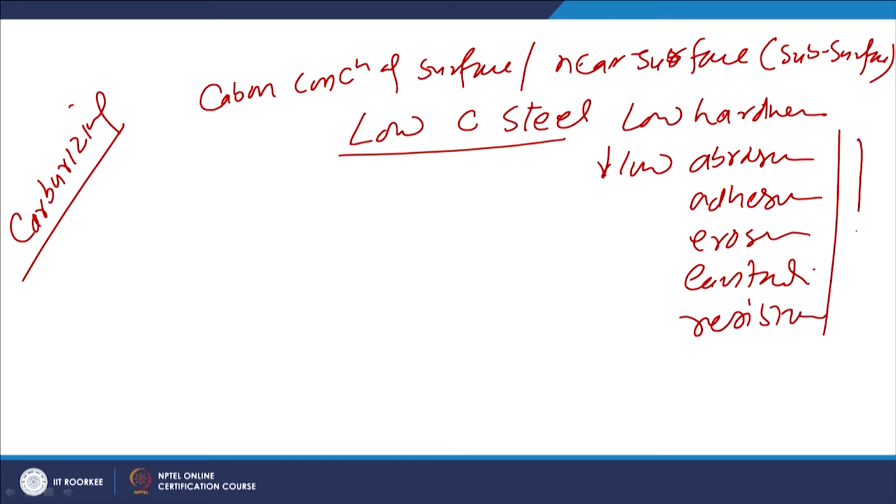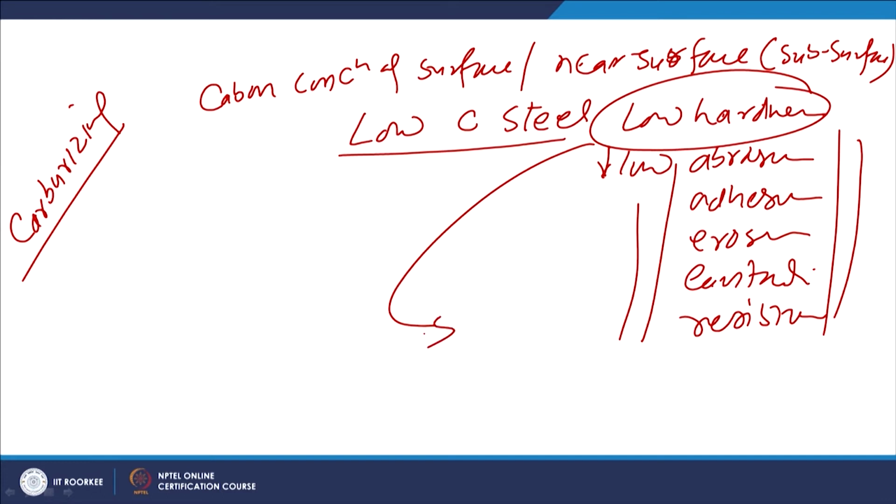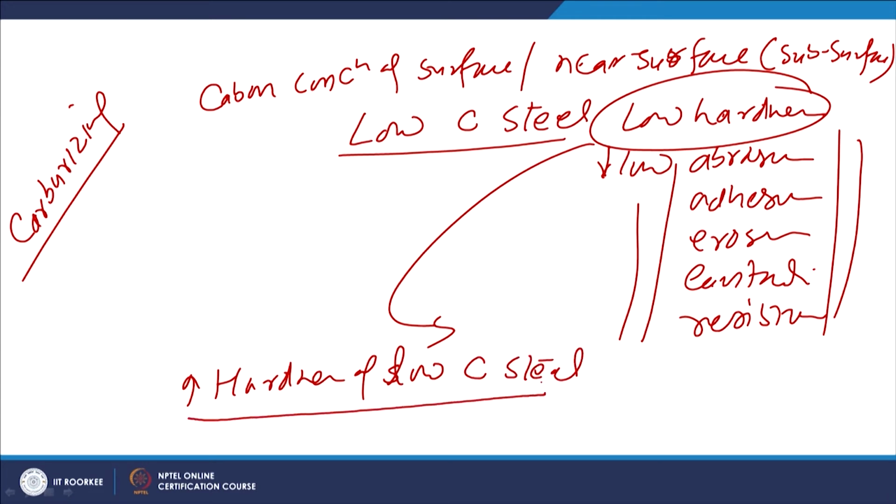And therefore, if we want to improve the resistance of the low carbon steels to these conditions of wear, then it is required that they have slightly better hardness. For increasing the hardness of low carbon steel, there are various methods, like we may perform controlled surface layer deformation, but this increase will be up to a limited extent.